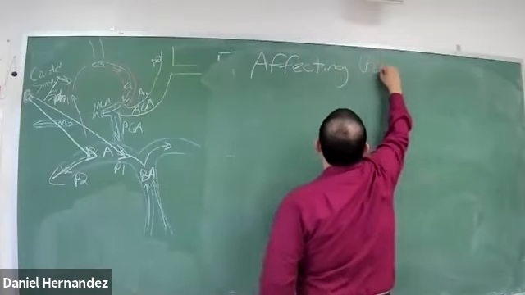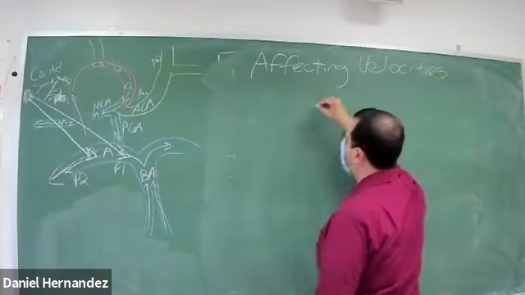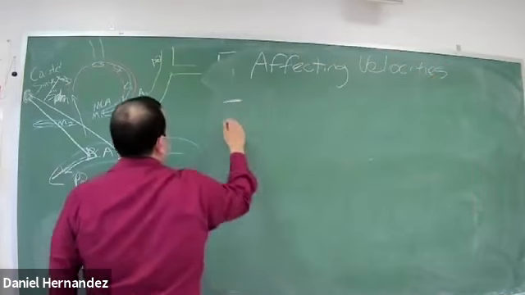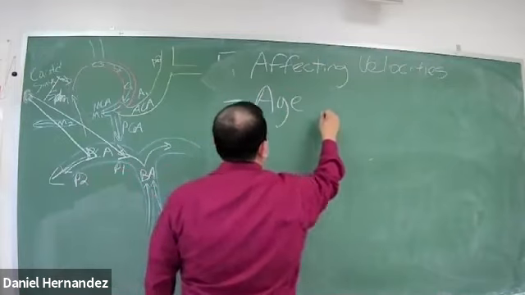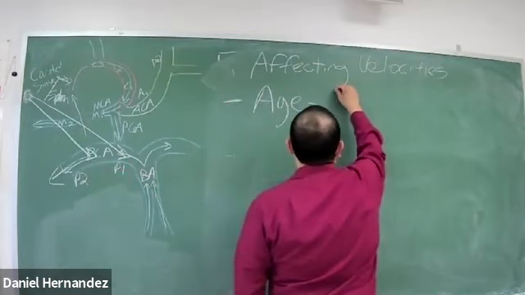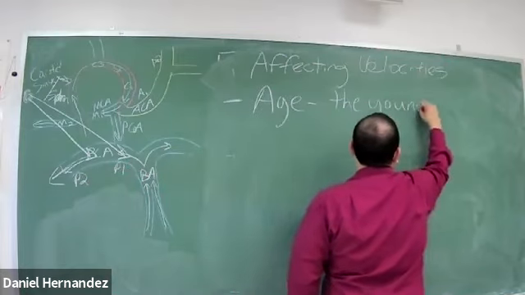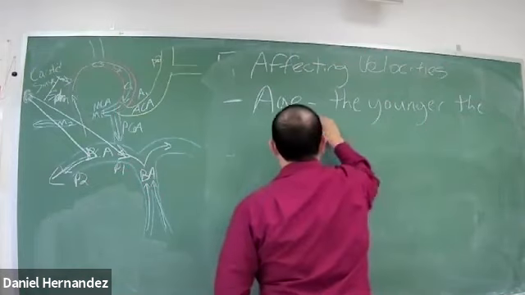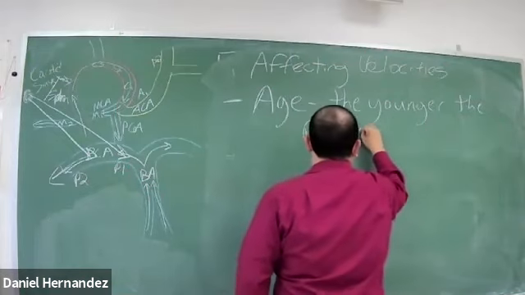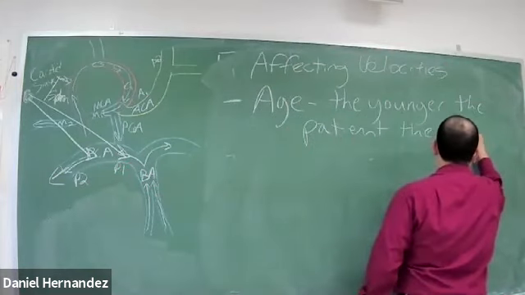Some of the things that can affect velocities. So the first is age. The younger the patient, the faster the velocities.